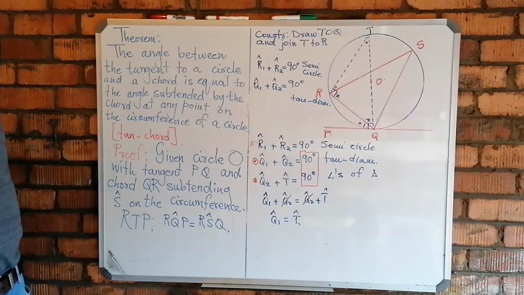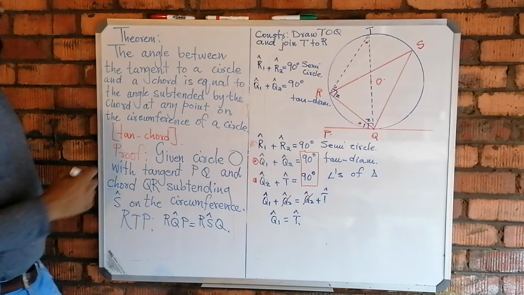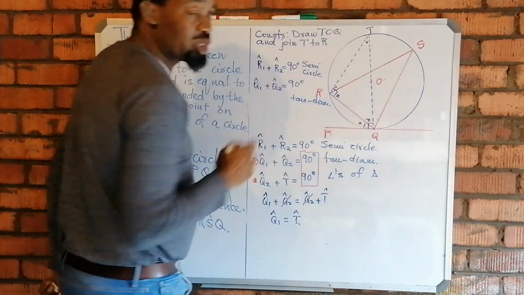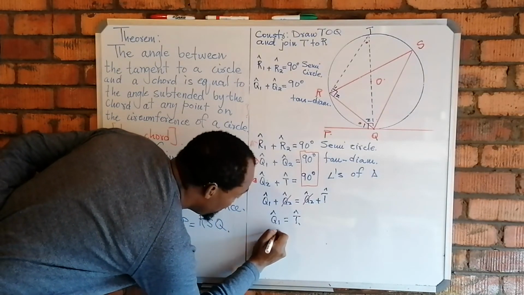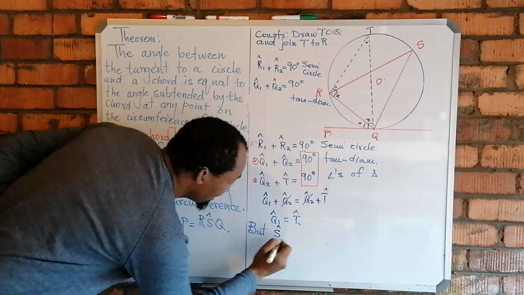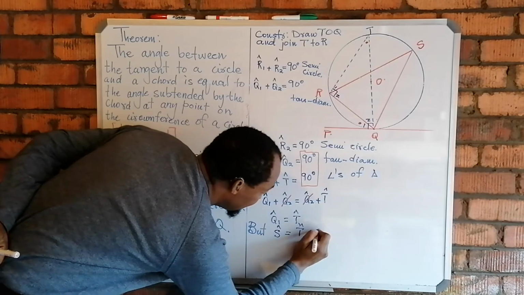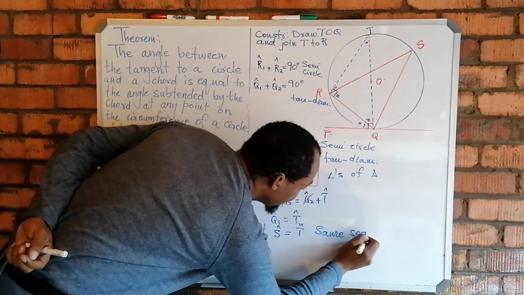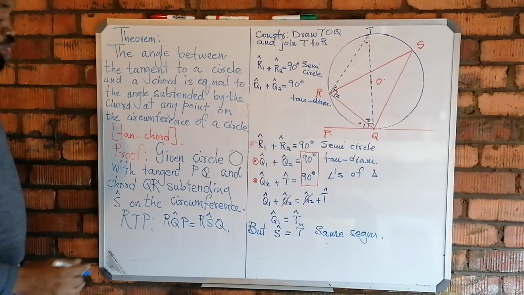Must I cry now? No, I'm not going to cry, because I know that this angle is equal to that angle. Then I'm just going to say, but angle S is equal to angle T. What is the reason? Same segment, or subtended by the same chord.